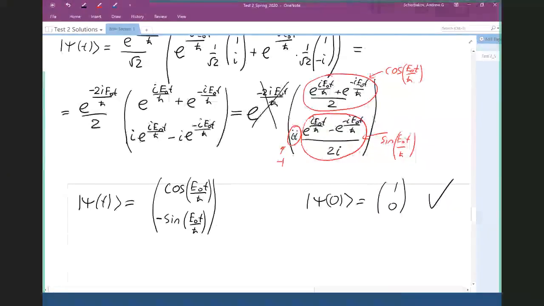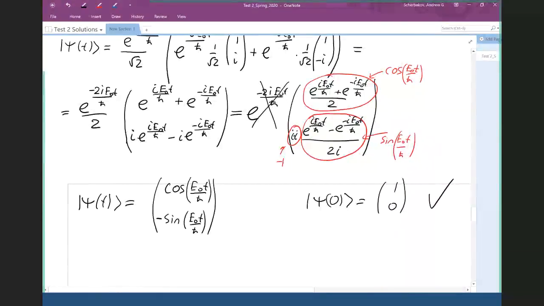That coefficient multiplies both components of my state at any time. This is something you can factor out for both components of my vector, and that means that in any meaningful calculations you can do with psi at any time t, this overall phase will cancel out.